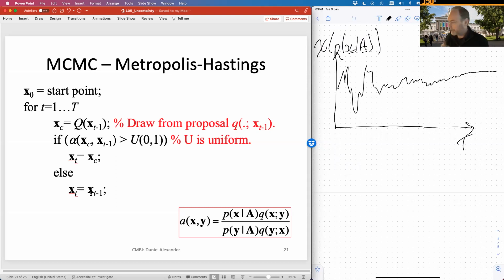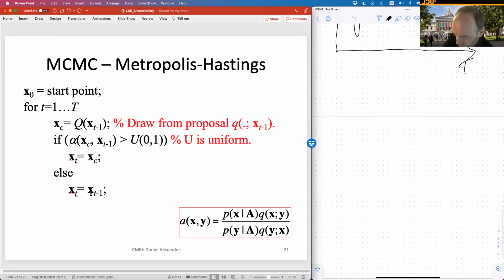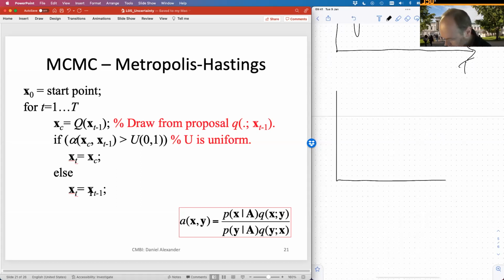Let's pick through that algorithm in a simple one-dimensional example just to make it concrete. So let me draw an example posterior distribution. Let's suppose it looks something like that. And let's pick some arbitrary starting position, x0. I'm just going to put it here.